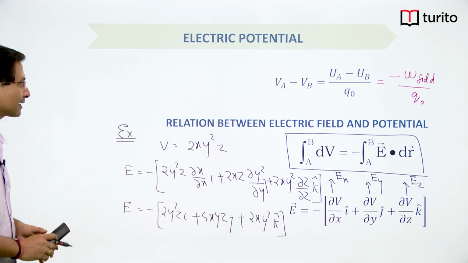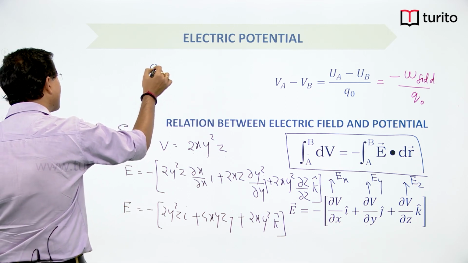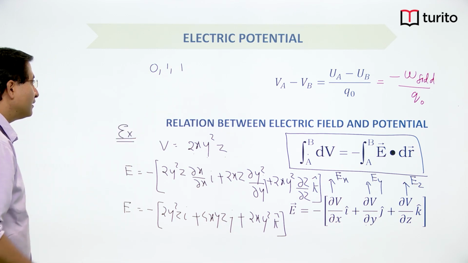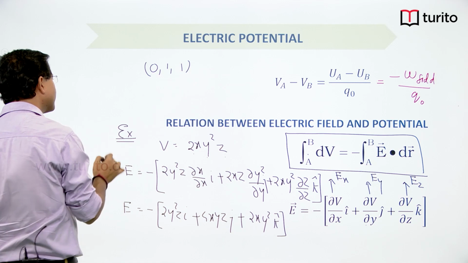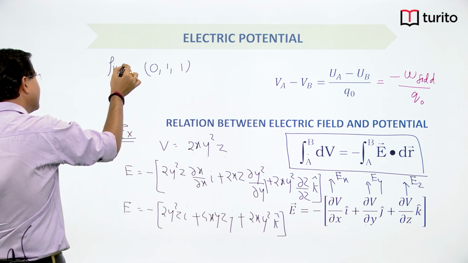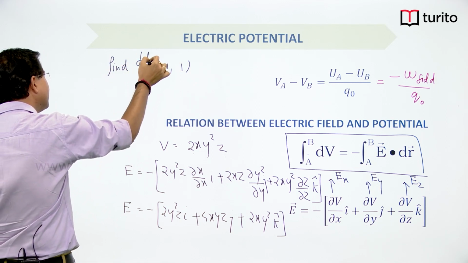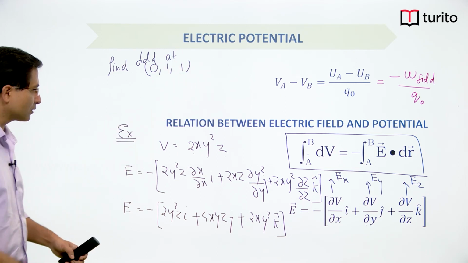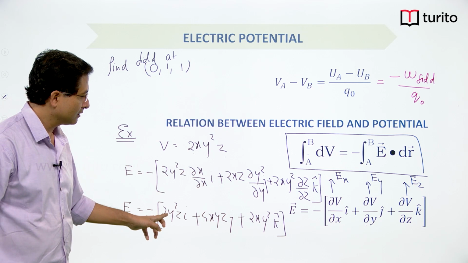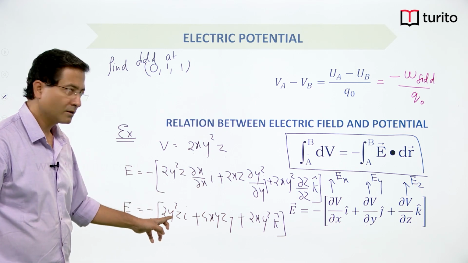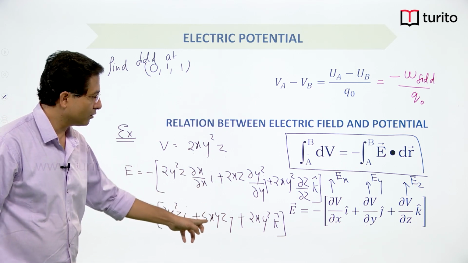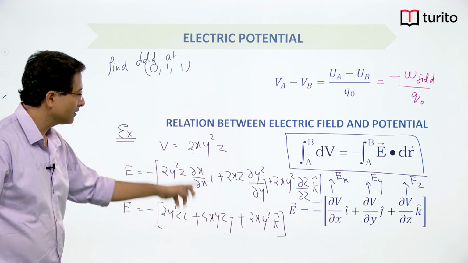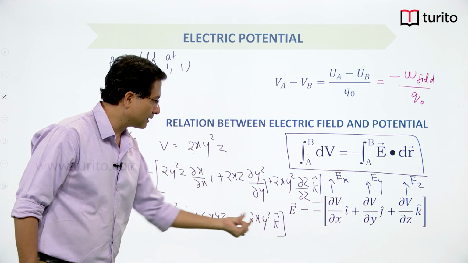Now, if I ask calculate potential at 0, 1, 1, find field at this particular point, find field at 0, 1, 1. So, substitute 0, 1, 1. Here x is 0, x is 0, so these two terms will become 0.